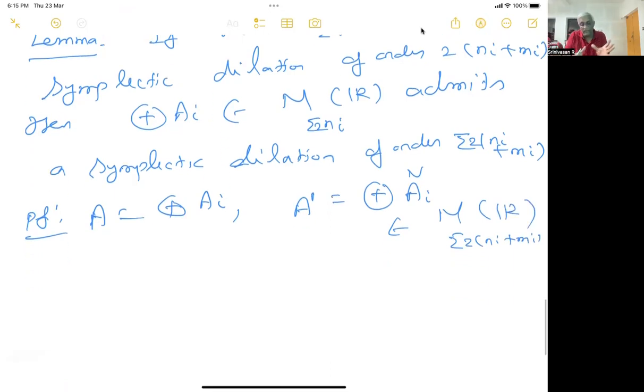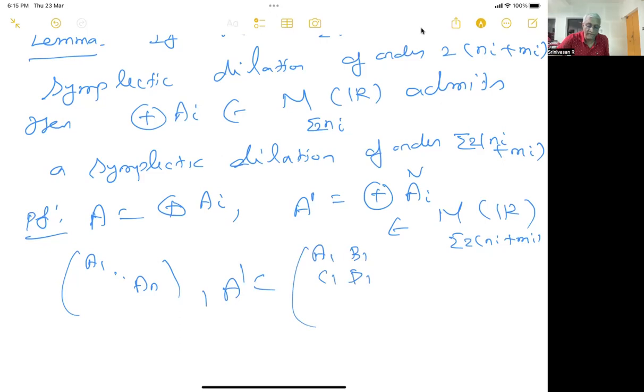Now the thing is, if you see this A prime, how does it look? A looks like A1 up to An. A prime will look like A1, B1, C1, D1, and then A2, B2, C2, D2, like that, right? I'm just taking the direct sum. This is how it will look. But we want to get A1 up to An on the top. So we have to permute it.